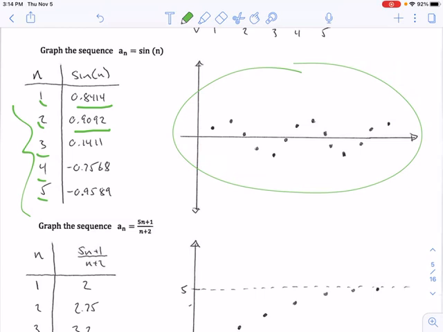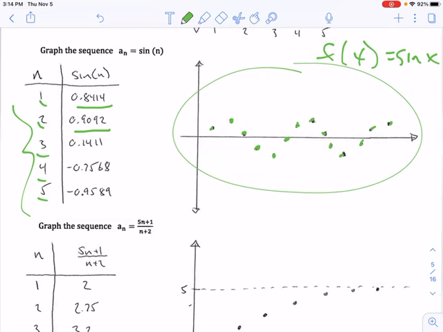But the point that I want to get to here is that this is what we would refer to as an oscillating graph that goes up and down and up and down. And we know that is true of the sine function f(x) equals the sine of x. It is also true of the sequence. It is going to be oscillating up and down. The difference being it is simply a set of discrete points rather than a continuous function.